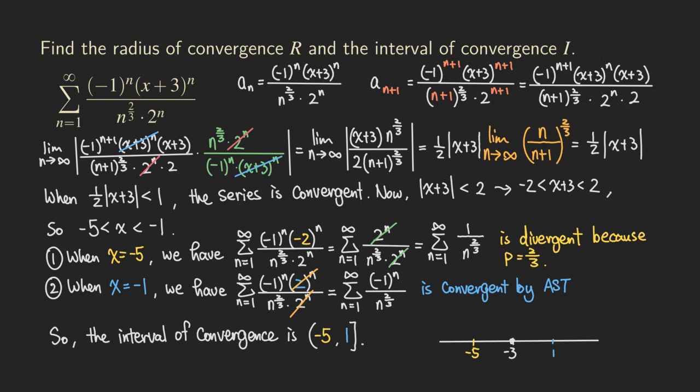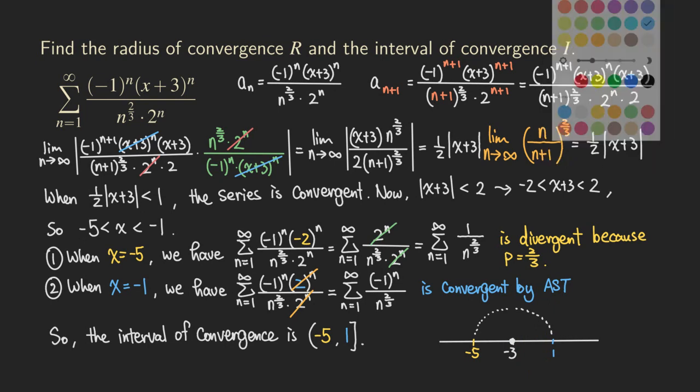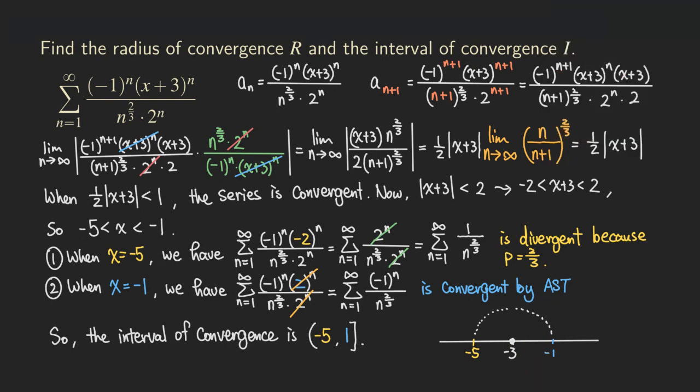Just imagine that the -3 is the center of a circle, and -1 and -5 are both on the circumference of the circle. Then what is our radius? Oh, it's actually -1, so I don't know why I keep putting the 1 in there. So that should be -1 right here.